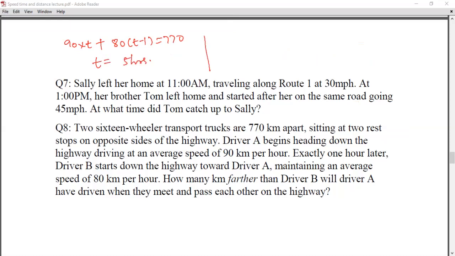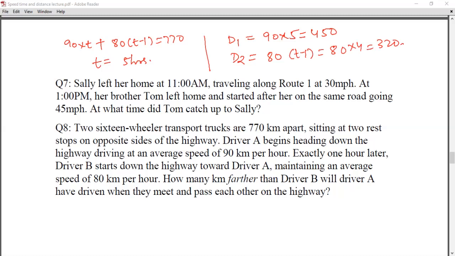So the distance d1 we can calculate as 90 into 5, that is 450. And for d2, we write 80 into t minus 1, so this is 80 into 4, that is 320.